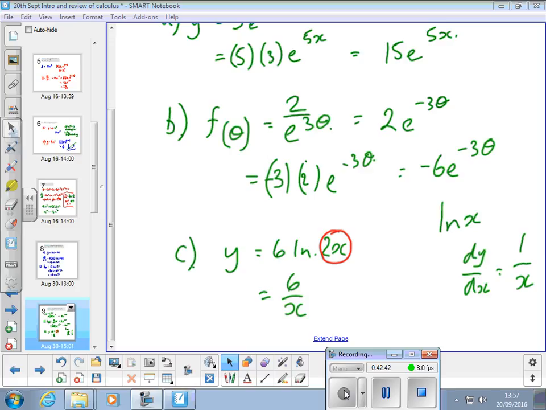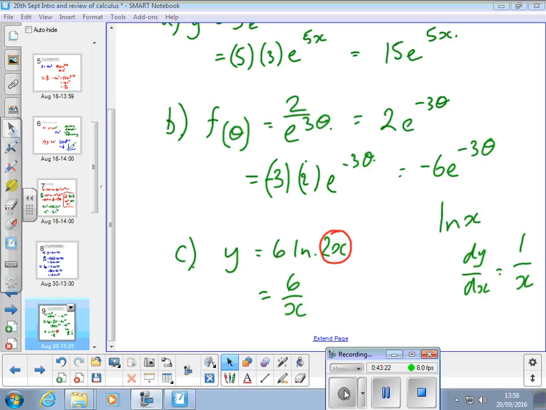If you've got a folder, my recommendation would be to get a copy of that somehow, write it out and slap it in the front cover so you always got it somewhere to hand. Yeah? That would be something I would certainly do if I was doing this module, and then next week or the week after when we do integration, standard integrals, slap that underneath it. So that's always there, you can find it quickly when you're revising. Okay? Leave a little space in case you want to add some extra functions later on, maybe. Okay?